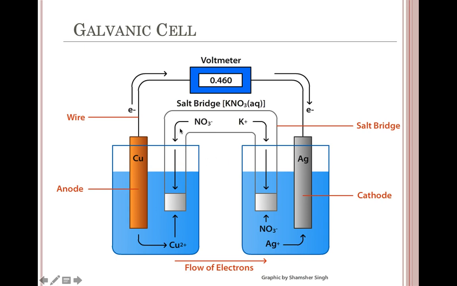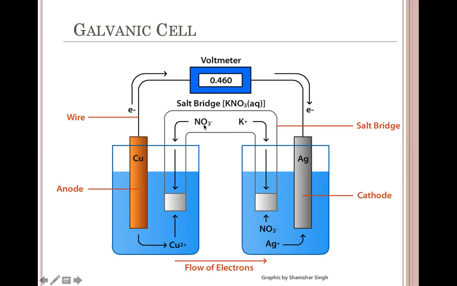In between here, we need something to balance out the charges, and so we have a salt bridge. In the half cell on the right, we have silver nitrate, and that's dissociated. As the silver ions combine with the electrons, the nitrate needs to balance out the charge.